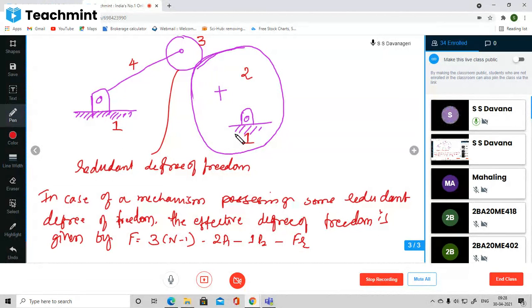Fr stands for the elements or linkages which have redundant degrees of freedom.